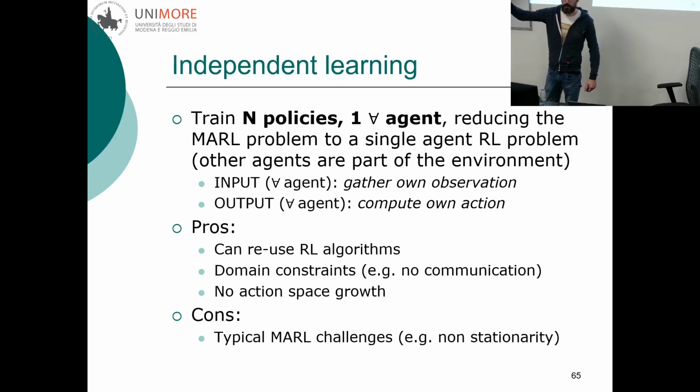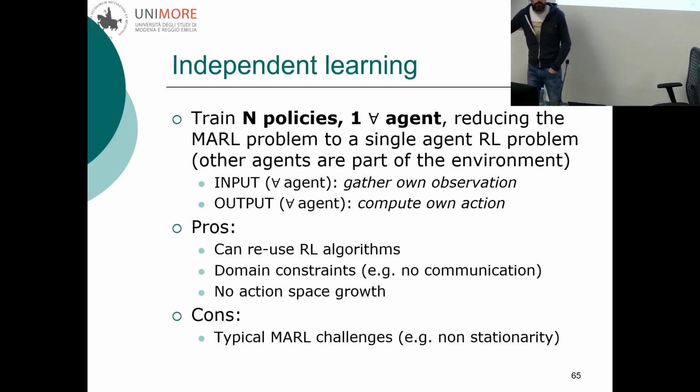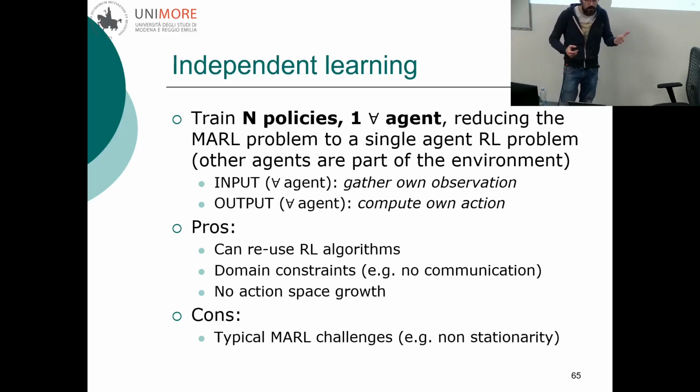And I got my reward, I got to the item. After some time, I am requested to pick up the same item. I go in a straight line and I crash with another robot. My policy did not account for the other robot. I'm not caring about the other robot. They are parts of the environment. Okay, so this means that the environment is no longer stationary. The transitions change depending on what other agents are doing. So we have the moving target problem.